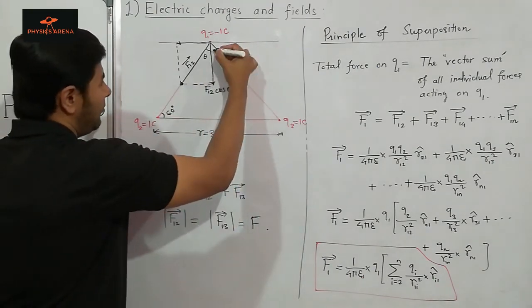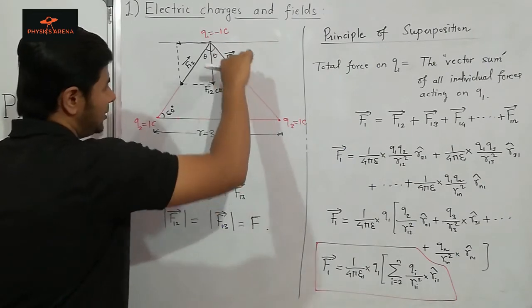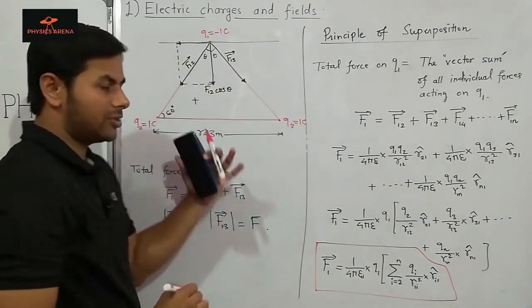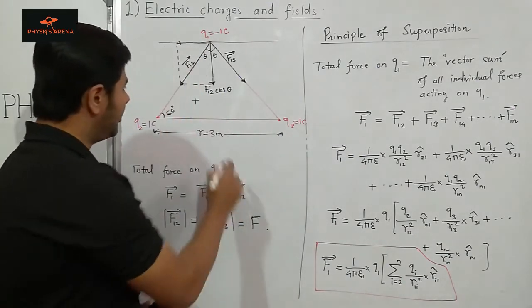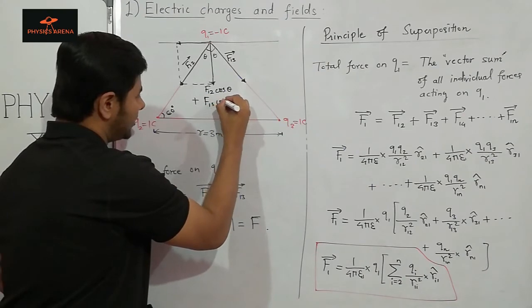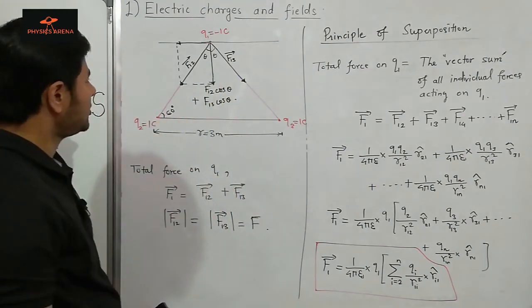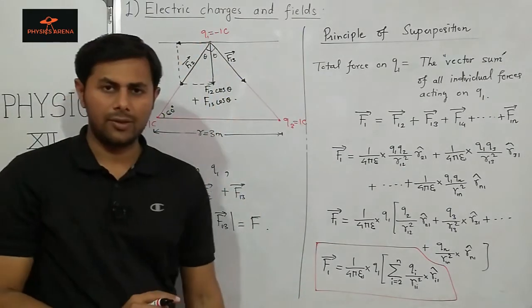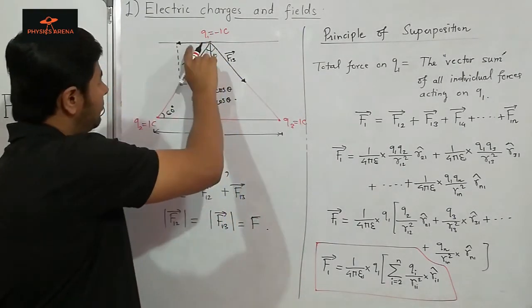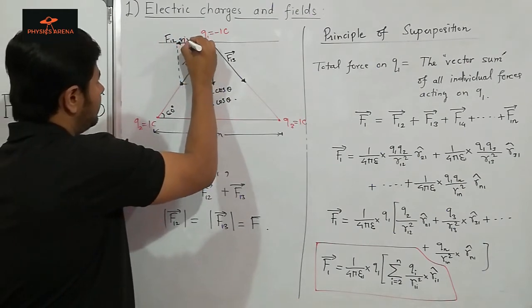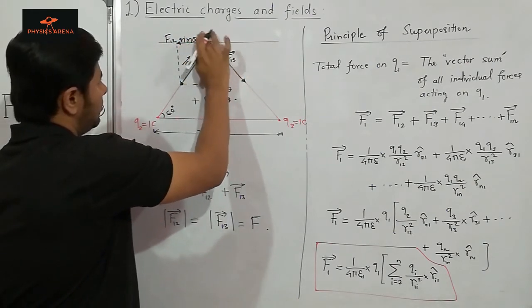Similarly for F13 also this angle is theta, so we will have a component in this direction. So let me write total force in this direction to be equal to F12 cosine theta plus F13 cosine theta. And the away from angle component will be equal to F12 sine theta.